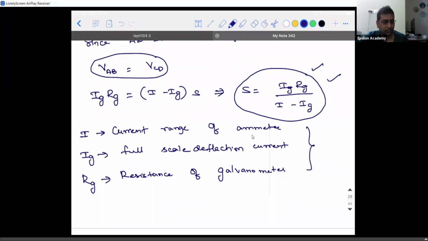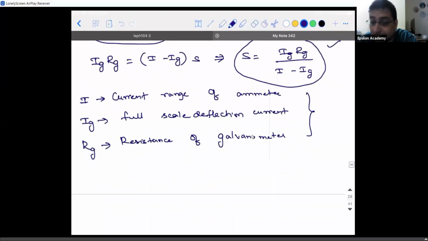It's neither less nor high, it's moderate. So if we connect this S resistor, then it becomes very less. To answer your question, the galvanometer plus the shunt resistance is what is called an ammeter.